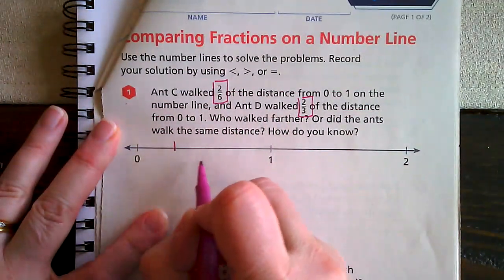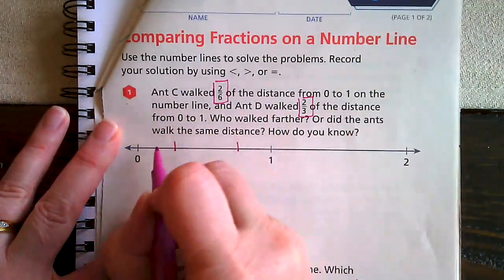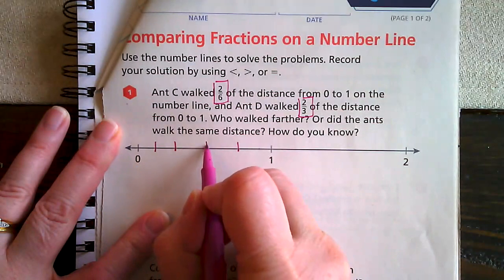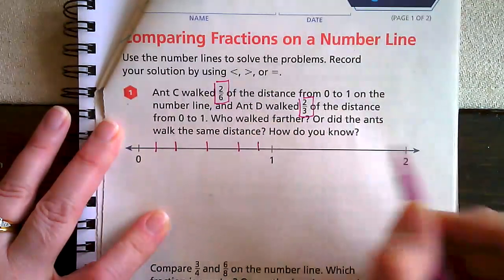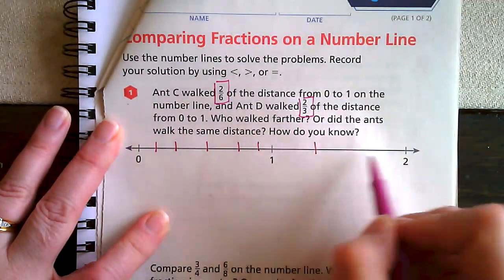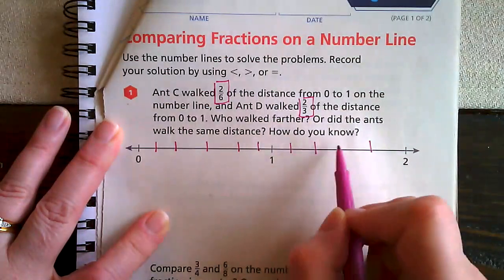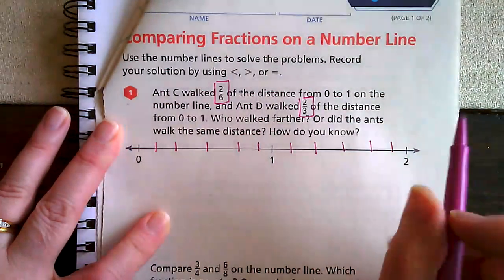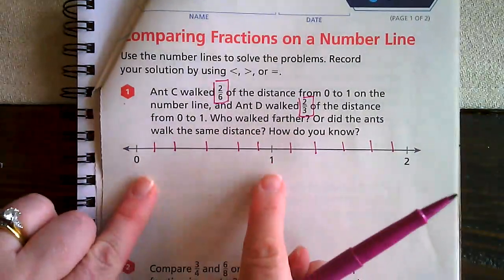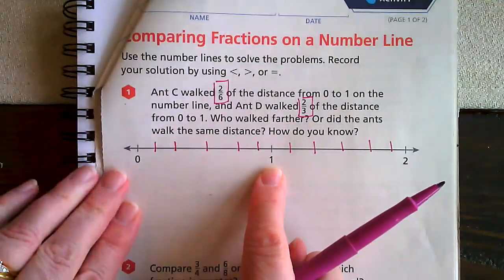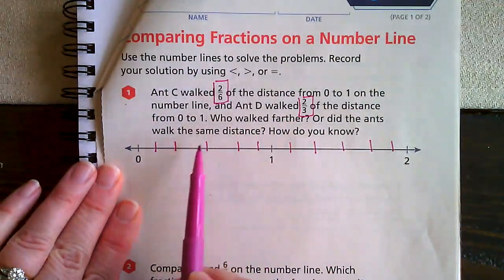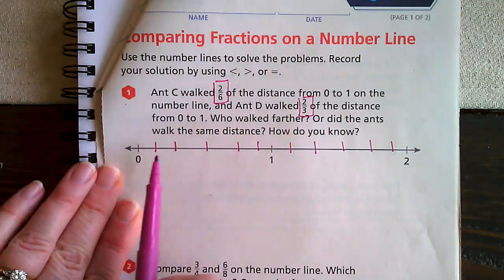Start by thirds, and then I like to split my thirds. And let's make sure that each whole is split into 6 relatively equal parts. I can tell I'm not super equal over here.